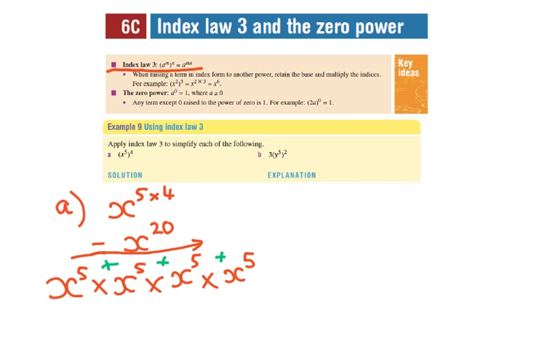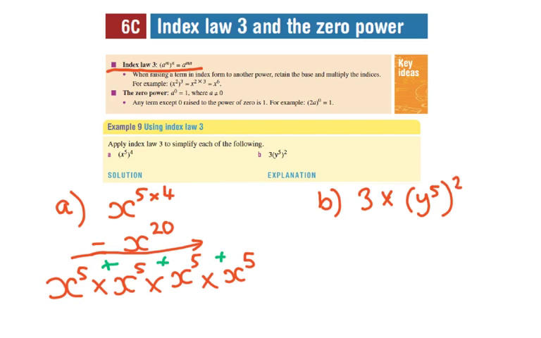So let's make it a little bit harder. Let's have a look at B. Notice that the 3 is on the outside of the bracket. So therefore the 3 is not the one getting squared. The y to the 5 is inside the bracket and that is what's getting squared. So I'm just going to write it slightly different to what the question is, just to show you that the squaring is very much separate from the 3.